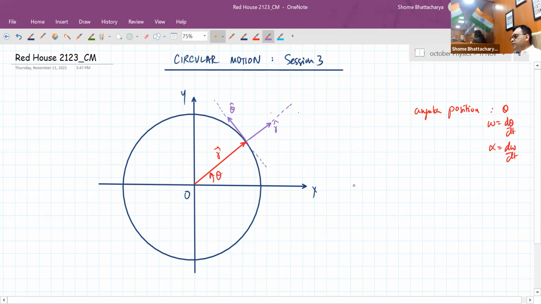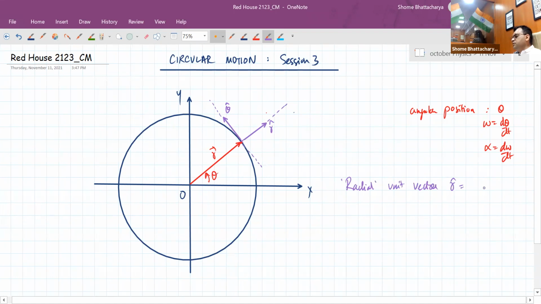These two unit vectors are expressed with these special symbols r cap and theta cap, and they are related to the angular position by this: r cap is cos theta i cap plus sin theta j cap.